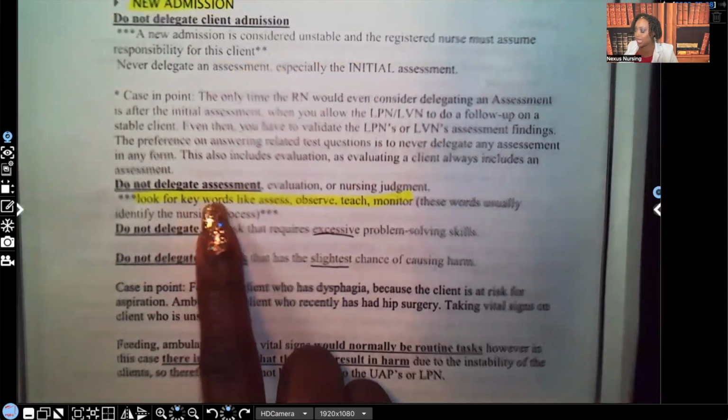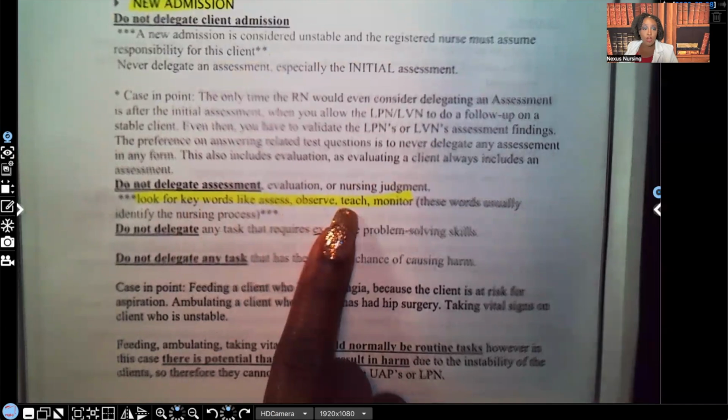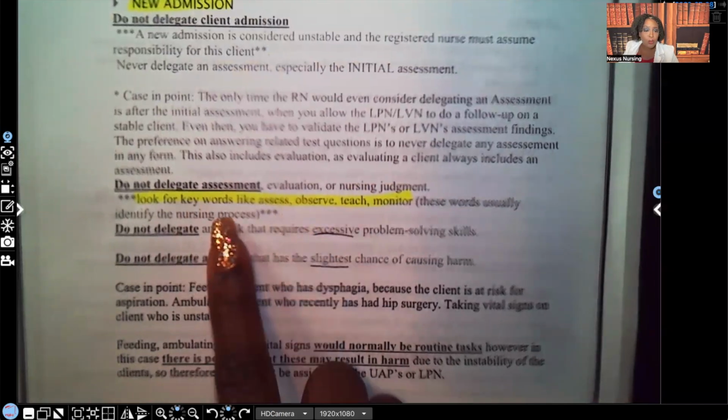Do not delegate assessment, evaluation, or nursing judgment. Look for keywords such as assess, observe, teach, monitor. All of those are ways of assessing or evaluating a patient, which the RN has to do.